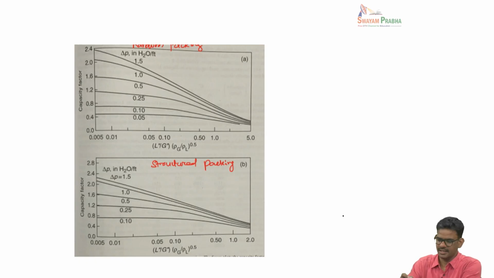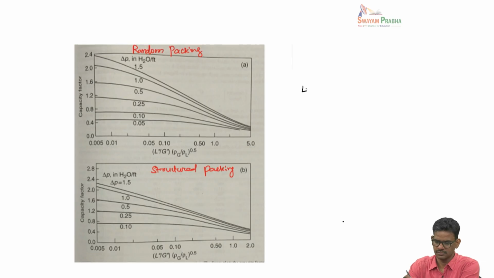So here the x-axis, the abscissa, is in terms of L dash by G dash. This is the ratio of liquid flow rate to gas flow rate multiplied by the square root of the density of the gas over the density of the liquid. Okay, so that's what this x-axis means here.